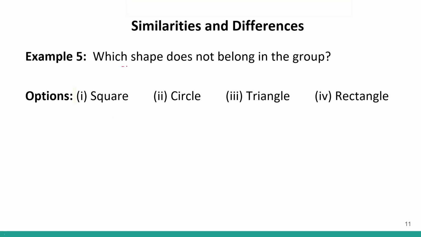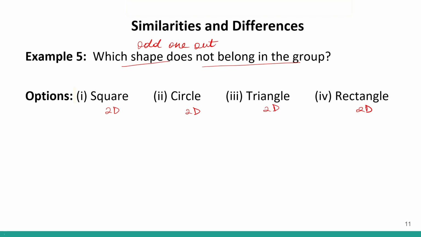Now, which shape does not belong in the group? So this is a question of odd one out. Okay. Now, square, circle, triangle, rectangle. So the one way to look at it is square is a 2D figure, circle is a 2D figure. Similarly, triangle is also a 2D figure and rectangle is also a 2D figure.